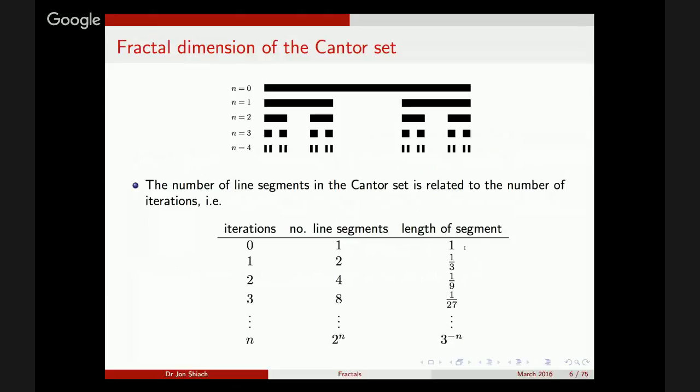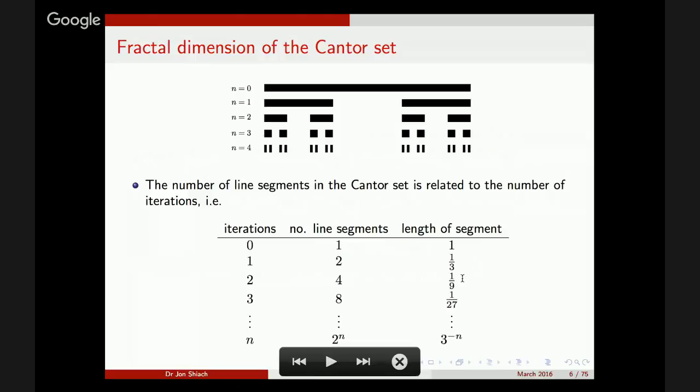At iteration 1, because we're removing the middle third, we end up with 2 lines, and the length of each of those 2 lines is a third. At iteration 2, we split up the 2 lines to give us 4 lines, and each is a third of the length of the previous line, so a ninth.